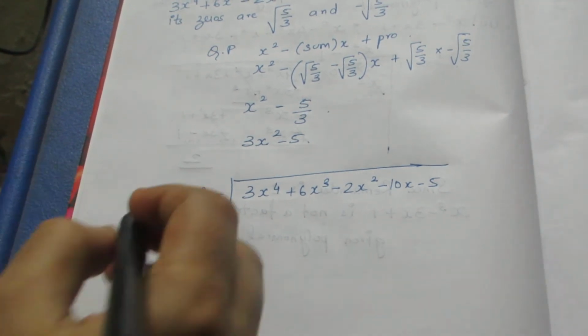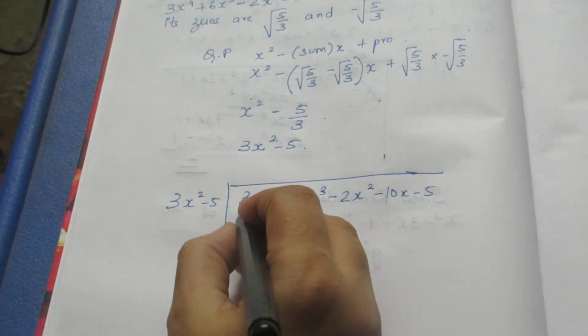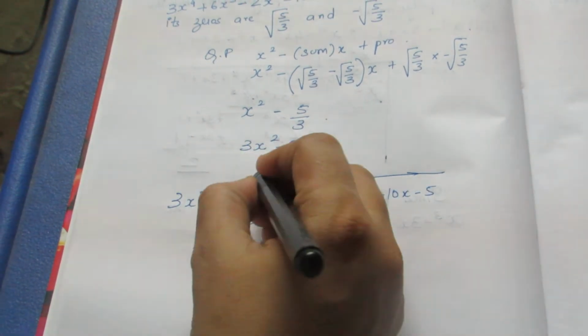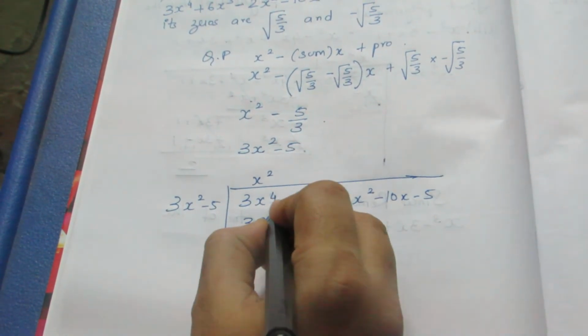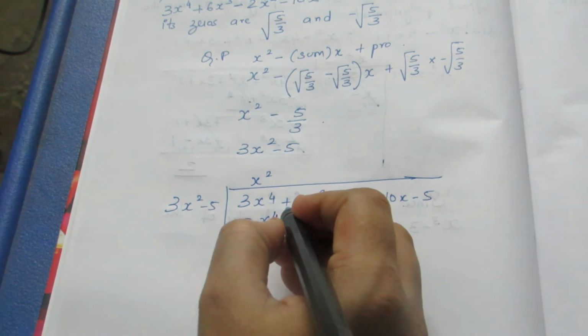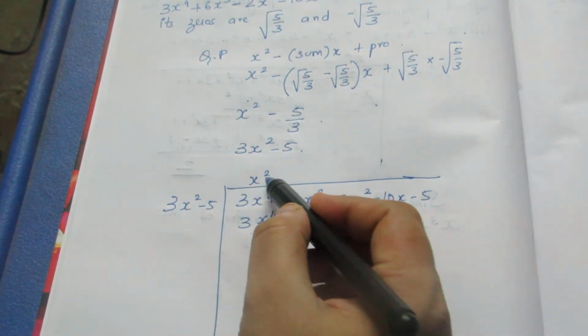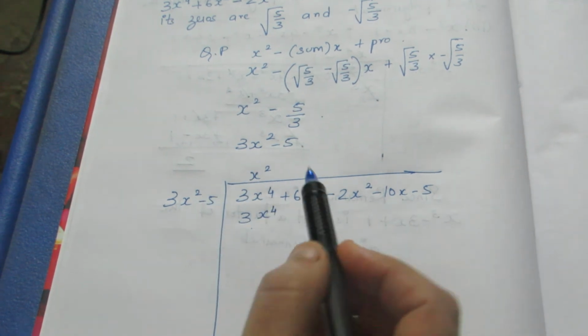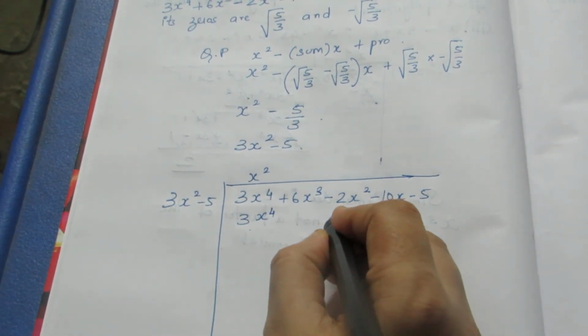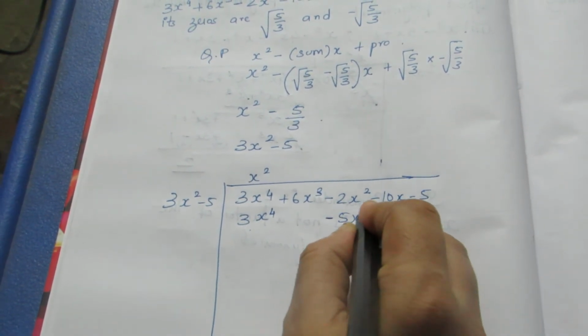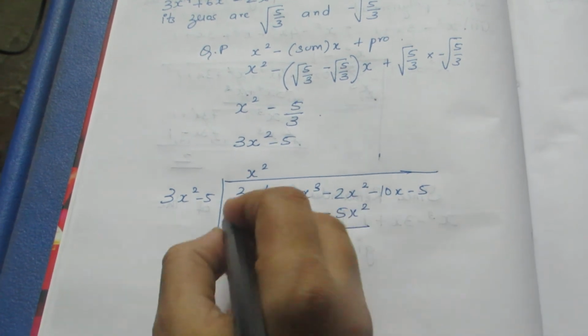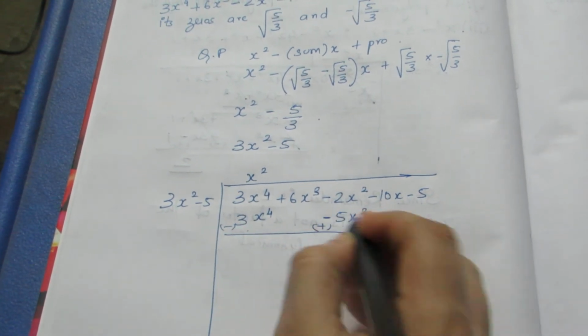Now 3 into 1 will become 3, so 3x square into x square will become x power 4. Now I have multiplied this, I need to multiply this too. It is plus into minus, and it's an x square term. Write it here: minus 5x square, in the like term. For subtraction, change the sign.